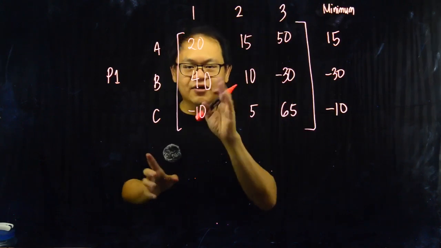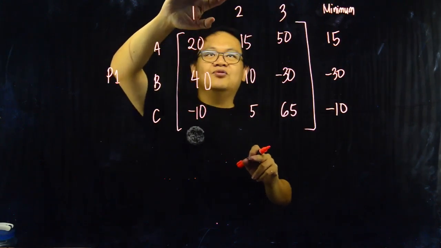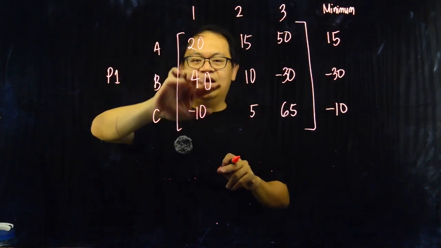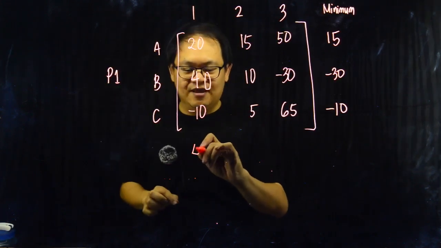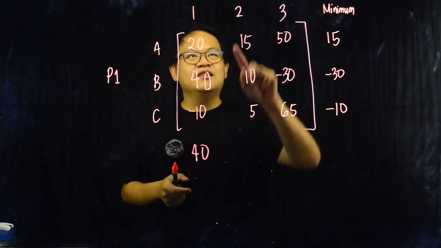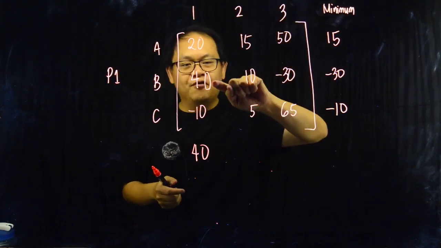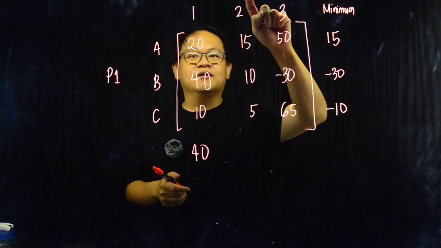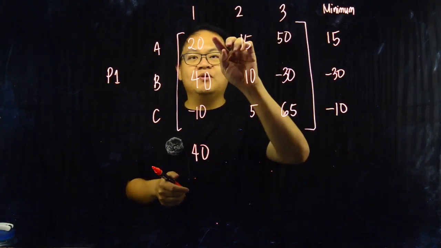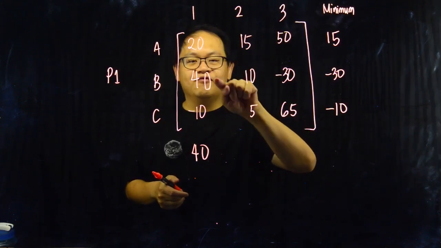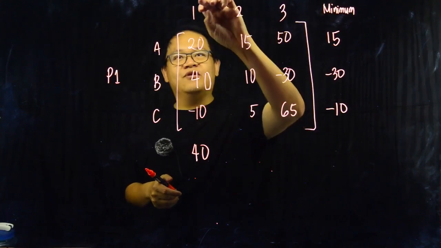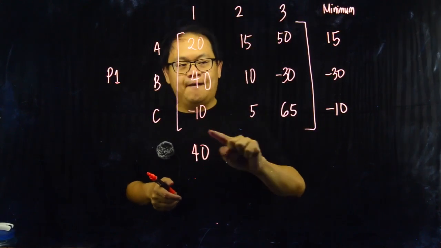If player 2 chooses 1, then the worst case scenario is 40. Why? Because from the point of view of player 2, 40 is actually a loss for player 2. So between a loss of 20, a loss of 40, or a gain of 10, the worst case for player 2, if player 2 chooses 1, is 40.